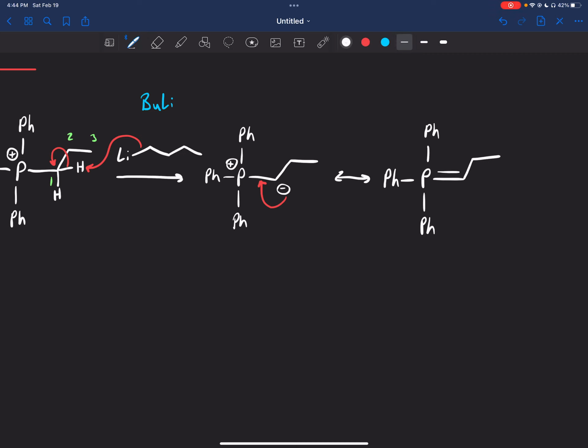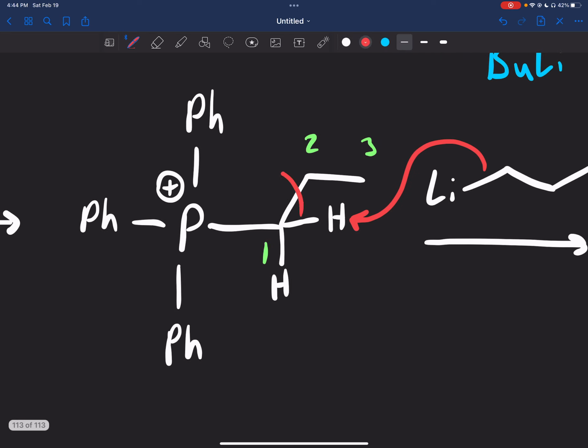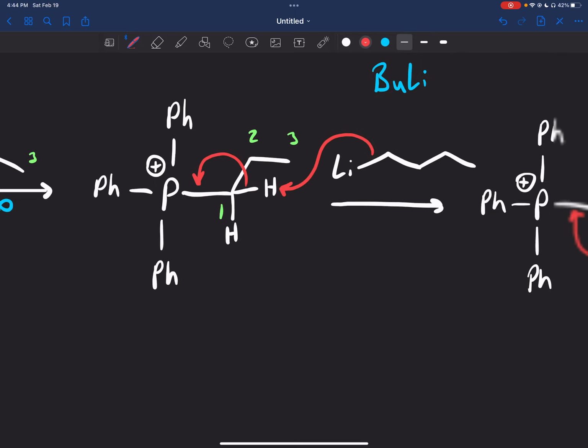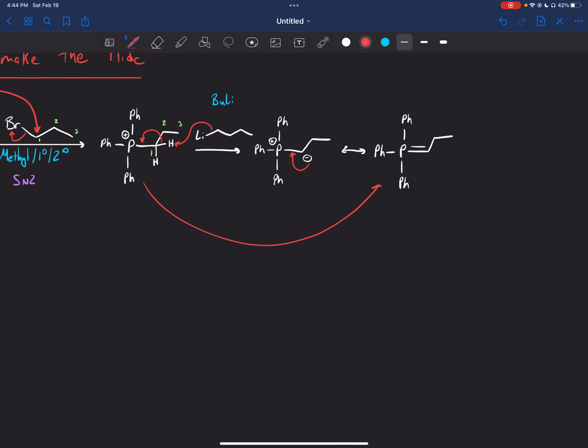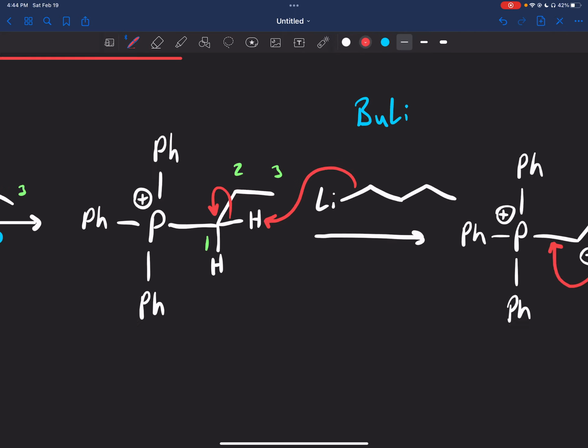You may see it written in this fashion, but the more common one is like this. And if you wanted, you could have done the arrows like the organolithium attacks the H, and this going right to there to form the double bond, so we end up right there. Either way is fine. So that's how we make our ylide.